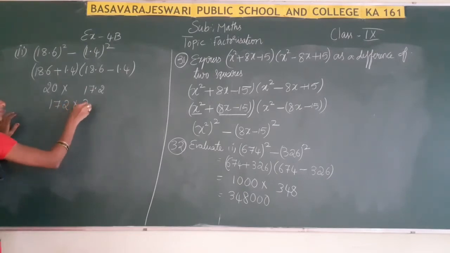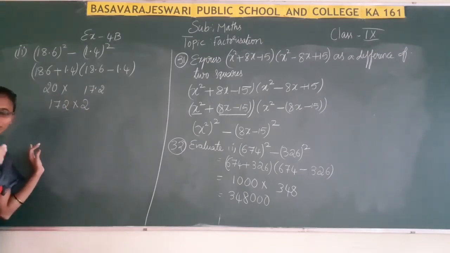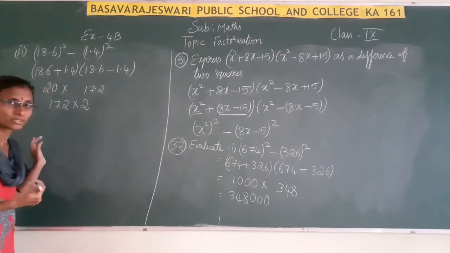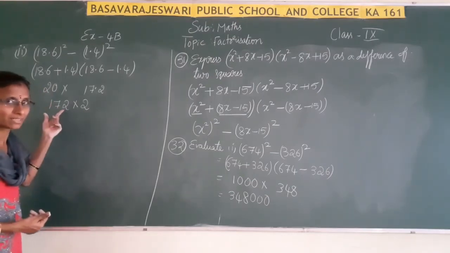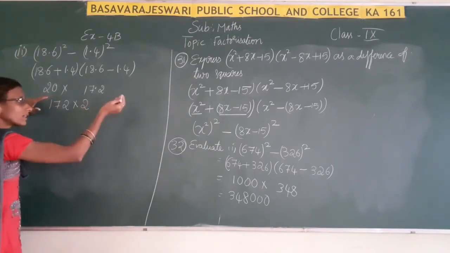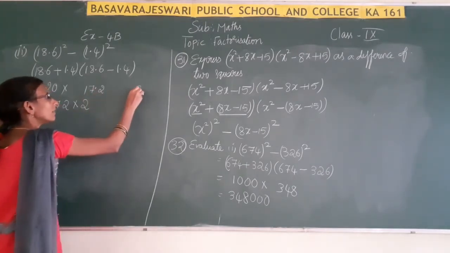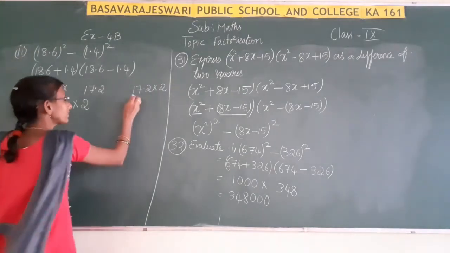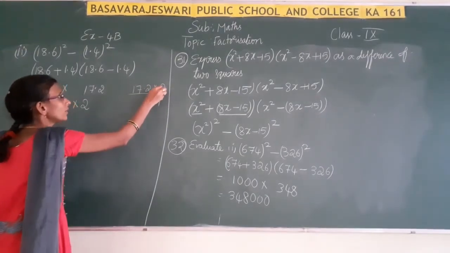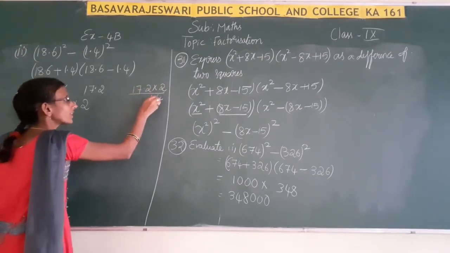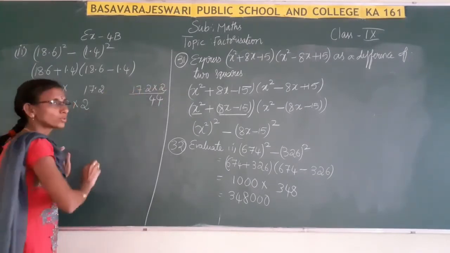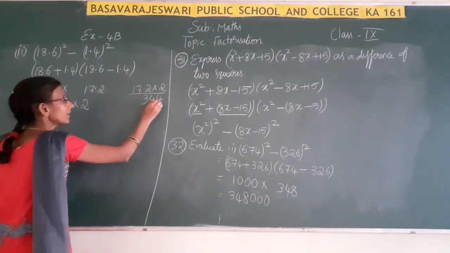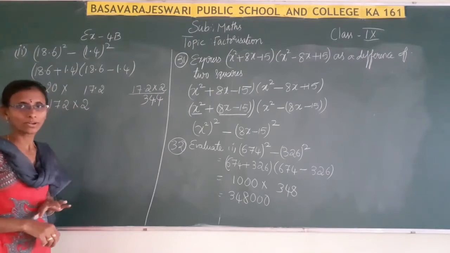So it becomes 172 into 2. Of course, I know that you know about the multiplication of decimals, right? If you have any confusion, we can multiply directly. Into 2 you take it first. 2 2s are 4, 2 7s are 14, 2 1s are 2 plus 1, 3. 1 digit after the decimal point.